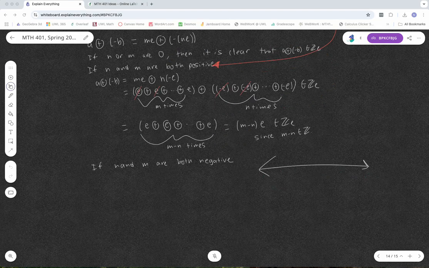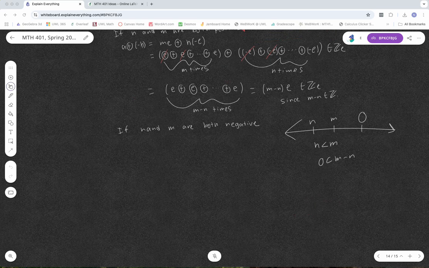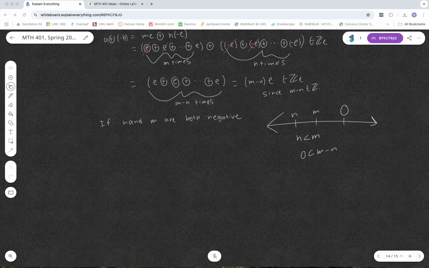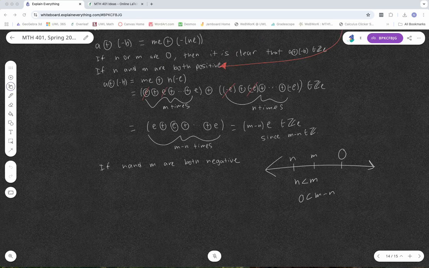If they're both negative, and N is down here and M is up here, so N is less than M, then, oh no, that still works. Oh yeah, duh. That's always true. Oh wait, so it doesn't matter. Oh, it does matter about the definition. Yes, it matters about these definitions. That's why we had split it up with positive and negative.